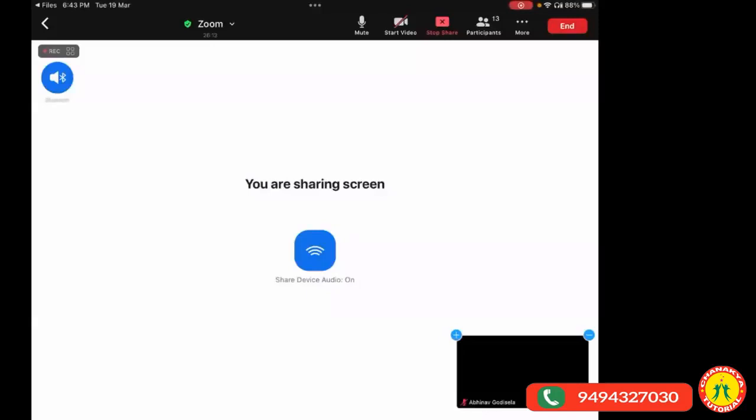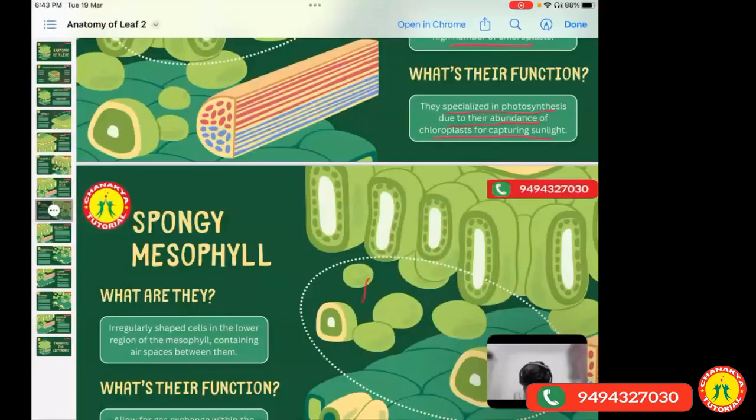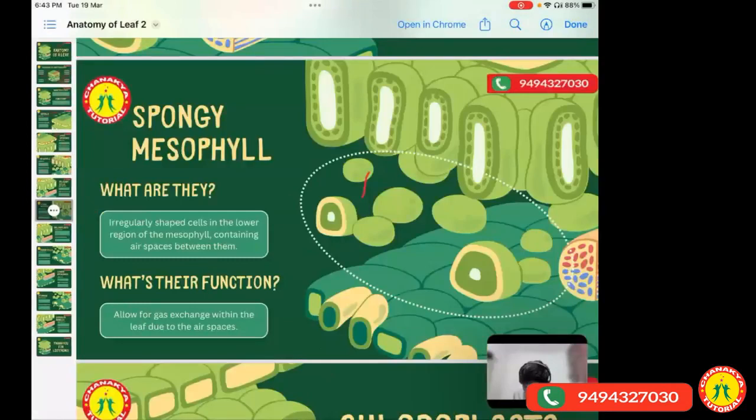Now we'll go for the next one. Coming to the next one, the spongy mesophyll. You can see the lower ones are the spongy mesophyll cells.